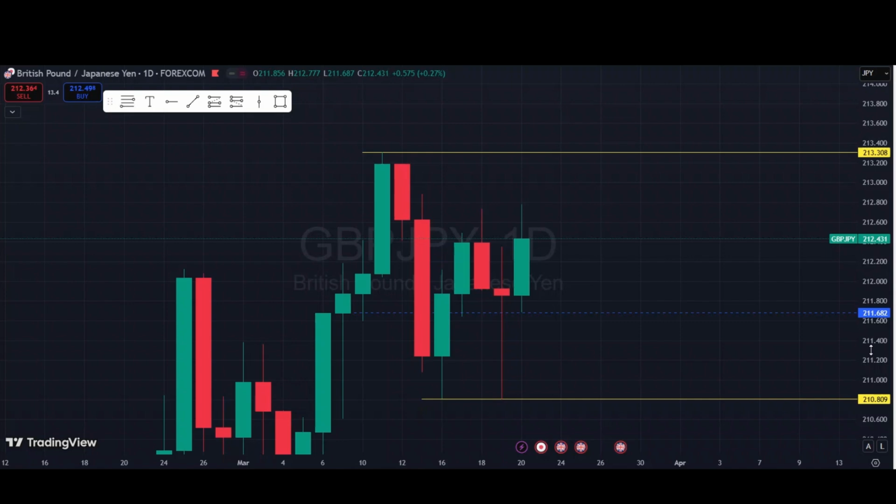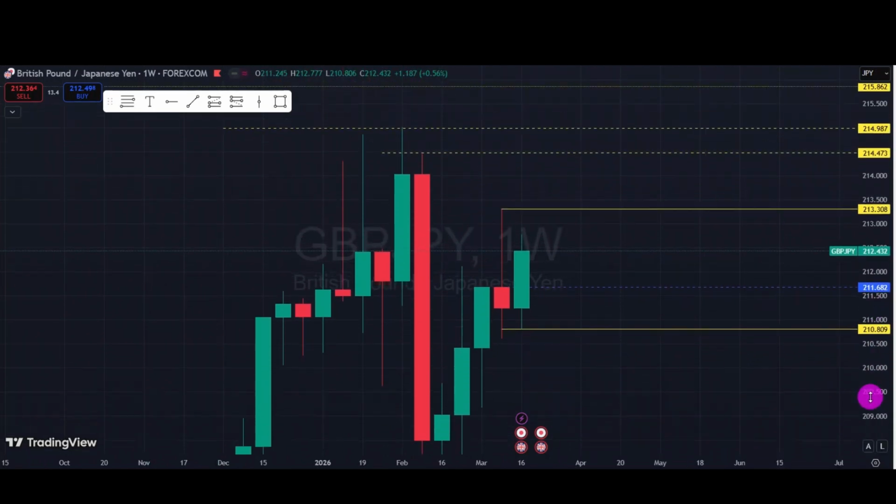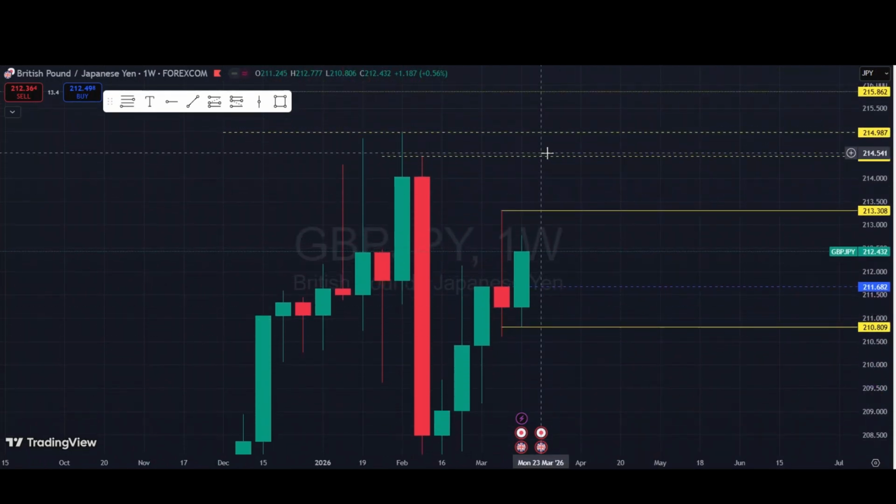So on the daily time frame, our first draw on liquidity remains the daily high, which is the 213.30 level. After that, we are looking at price drawing to the weekly high. If price continues to go up, the next place it is going is the 214.47 level. So we keep watching this level and see what happens there.